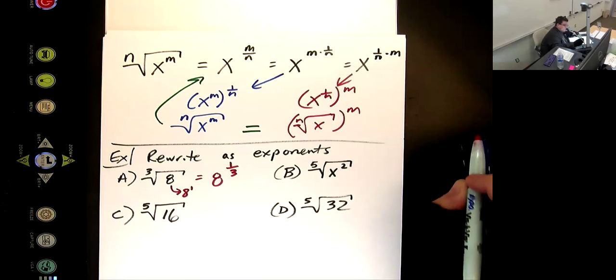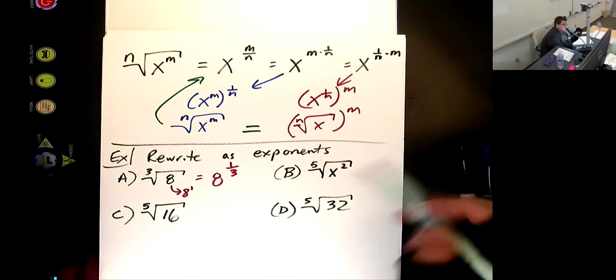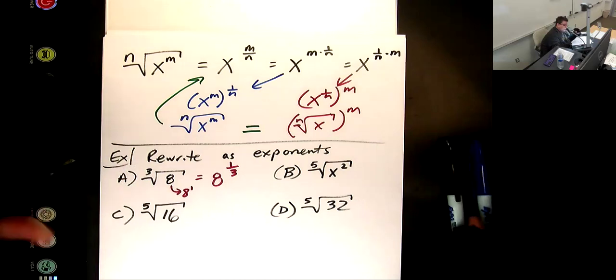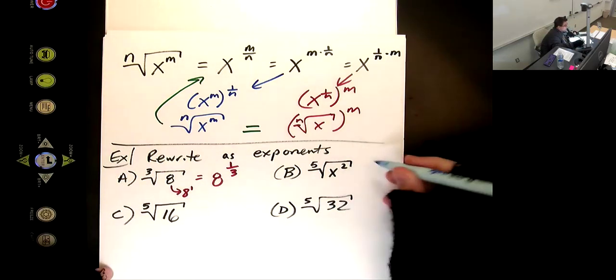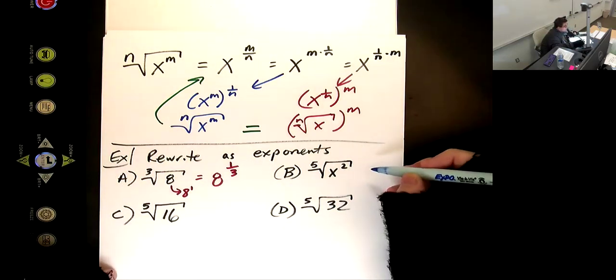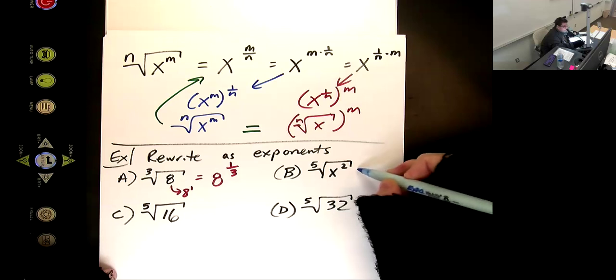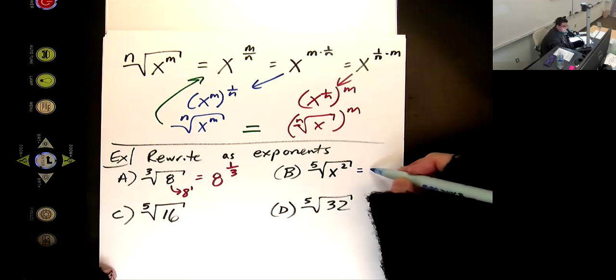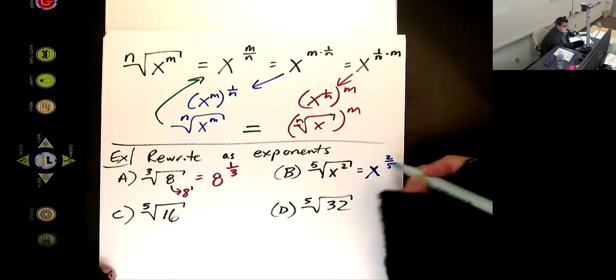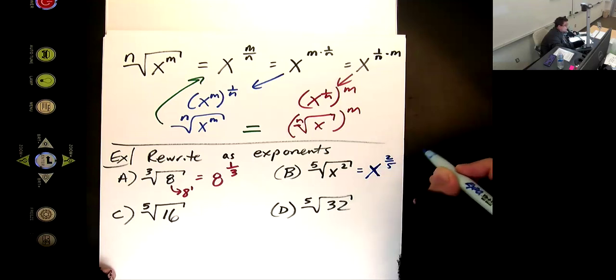So it's a little sneaky. What about the fifth root of x squared? X to the 2/5 power. Is that how you say it? That works. If you want to say it as a fraction, it would be 2/5. X to the 2/5 power.